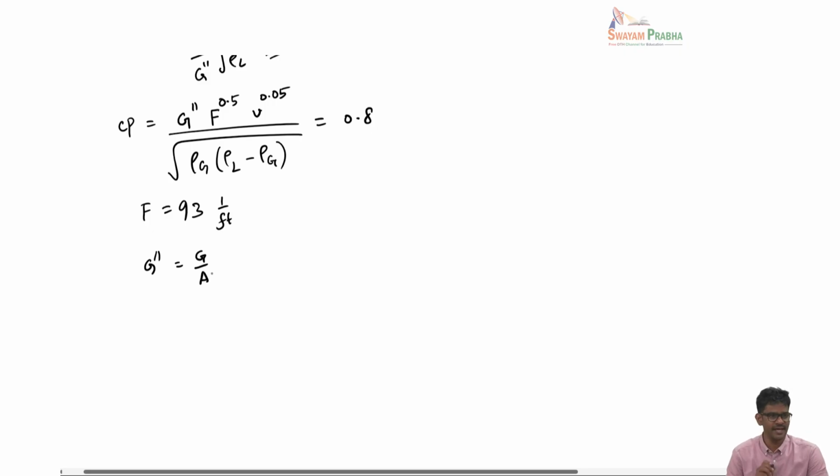Okay, now I can solve for A. A is the only unknown in this equation now. So let's substitute this here.